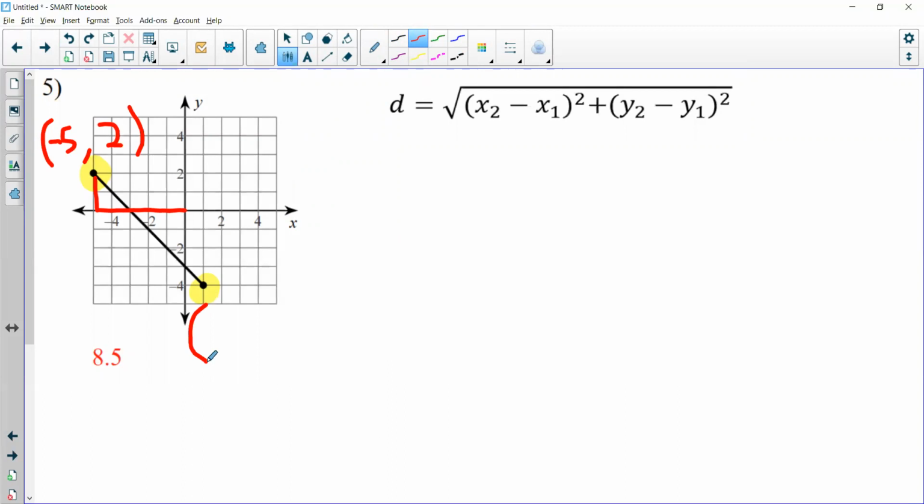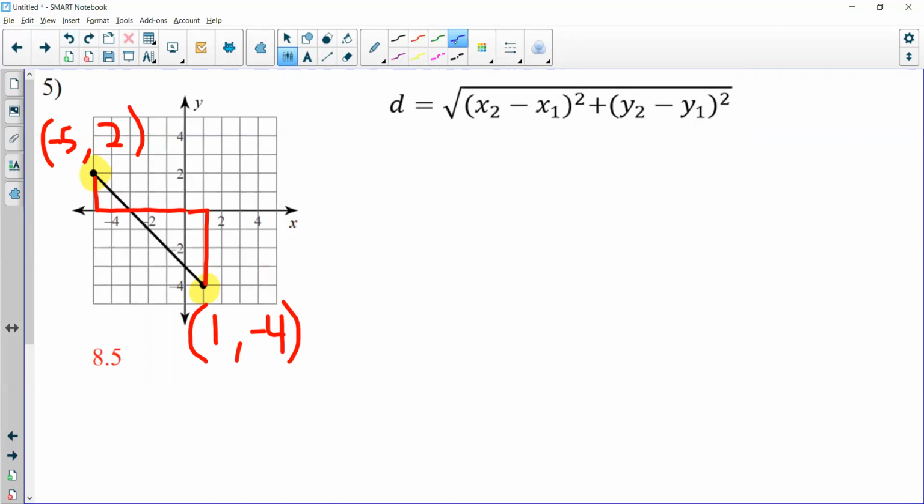And another ordered pair, which is +1, -4. And then we just use these x and y values to substitute into the distance formula.